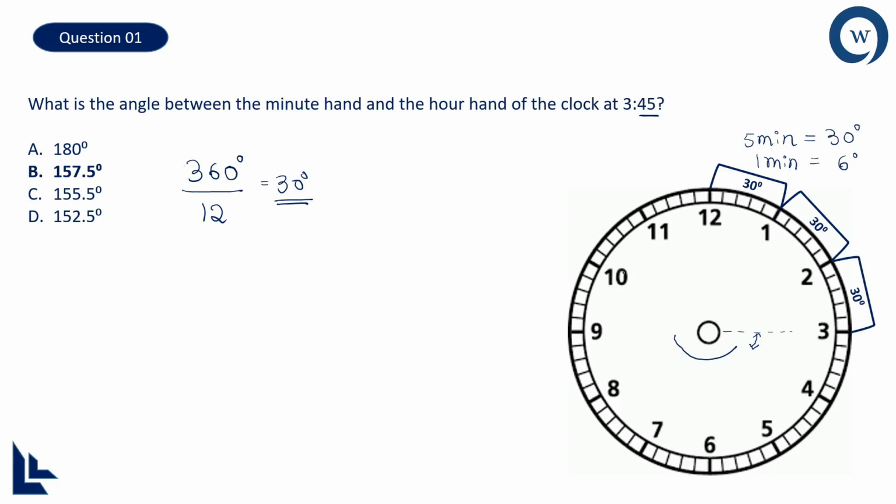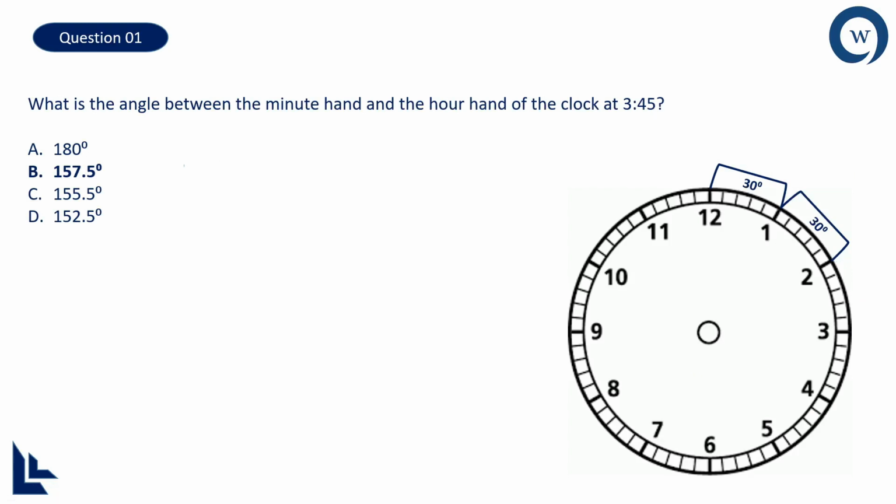Alright. Now, my question to all of you is this. I told you, hour hand was initially pointing to 3. Right now, it is somewhere pointing near to the region of 4. Why that deflection happened?